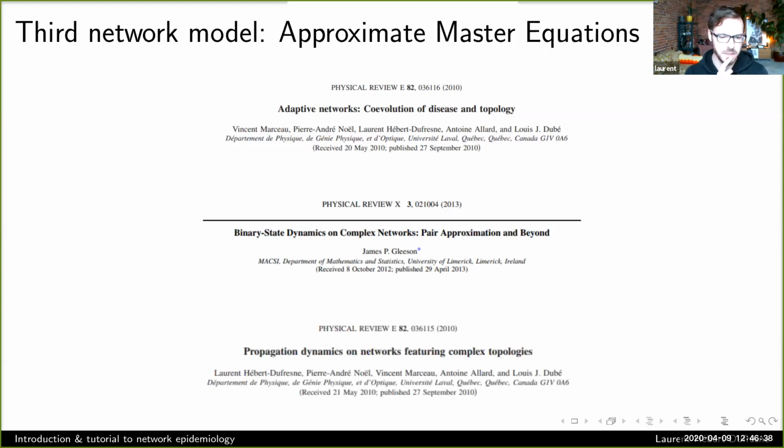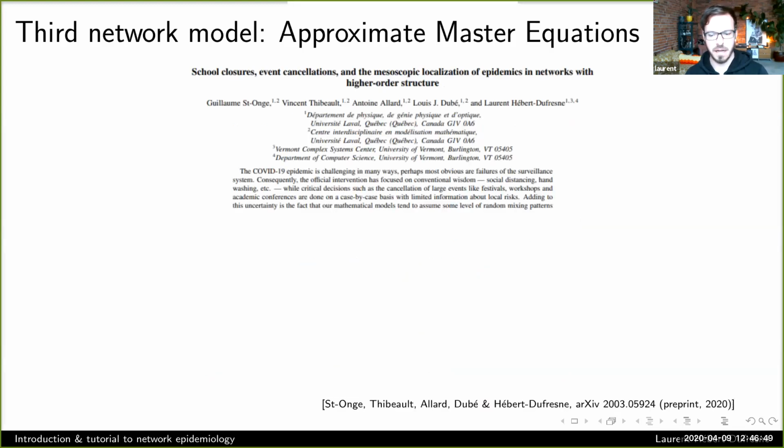And we also, in 2010, considered similar approaches that didn't look at individuals themselves, but at connections. It's almost like an extension of the pairwise approach that we saw. And I'm putting here an arXiv link. It's a preprint that we released yesterday, but it looks at this generalization of the pair approximation.